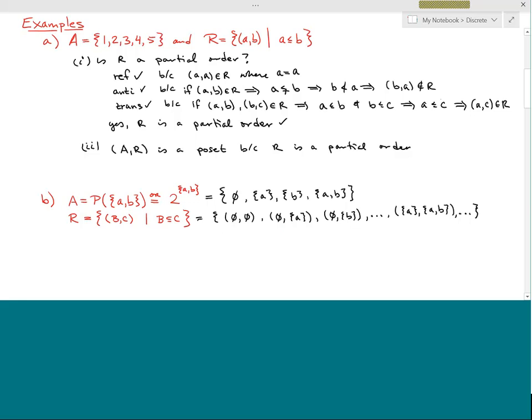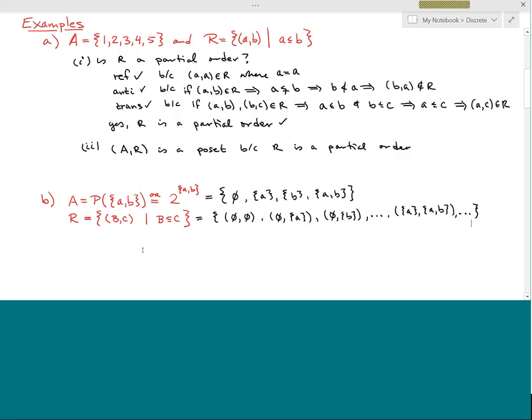And transitive is very similar to what we did with the less than or equal symbol. With a subset symbol, you can link together things. So for example here, if you've got the empty set is a subset of A, and you have A as a subset of AB, well, you can link these guys together and get that the empty set is a subset of AB, and that would give you your transitive property. Okay?